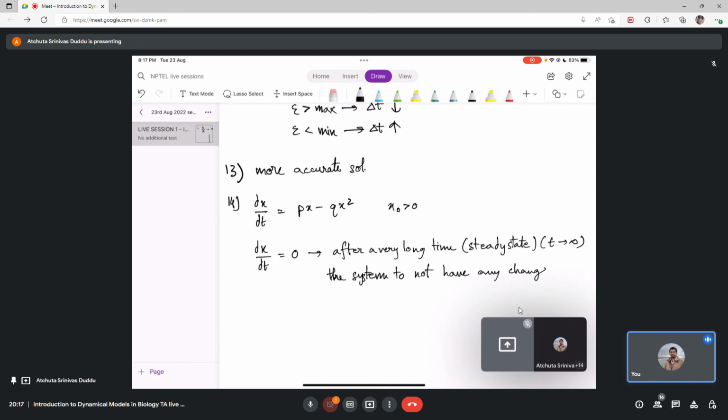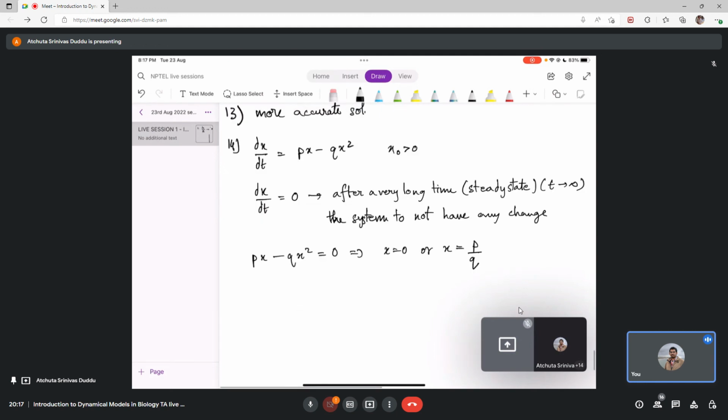So we take this dx by dt equals 0. So taking that, what we get is px minus qx square equal to 0, which implies x equals 0 or x equals p by q, right? So these two are the possible solutions for this.